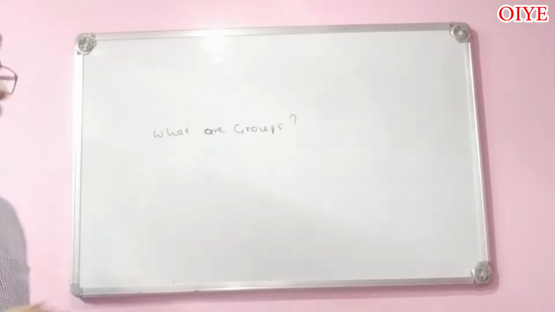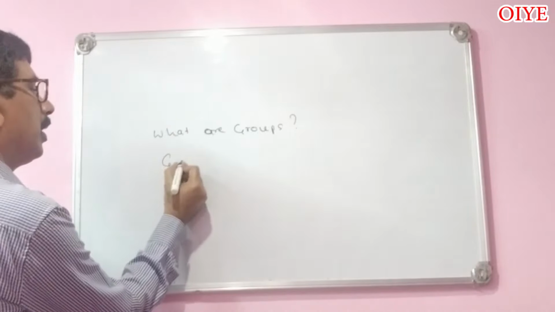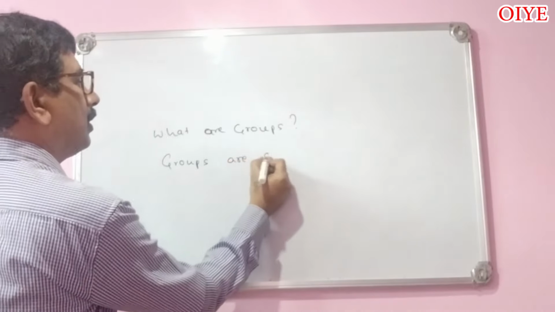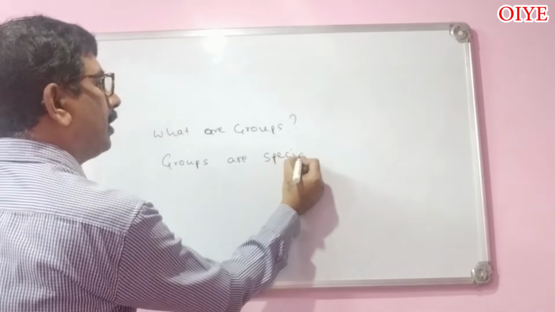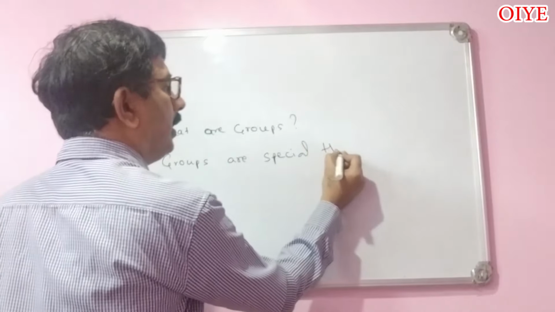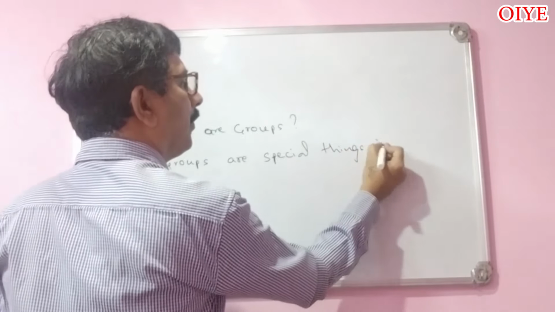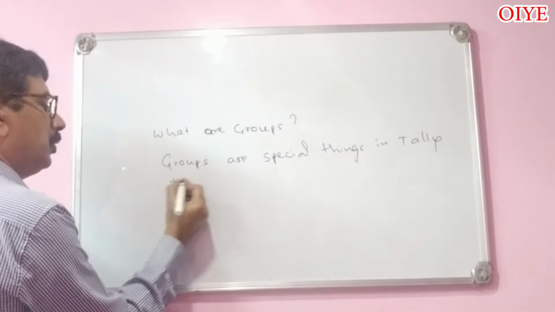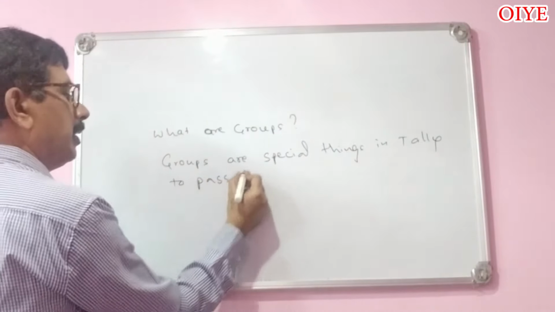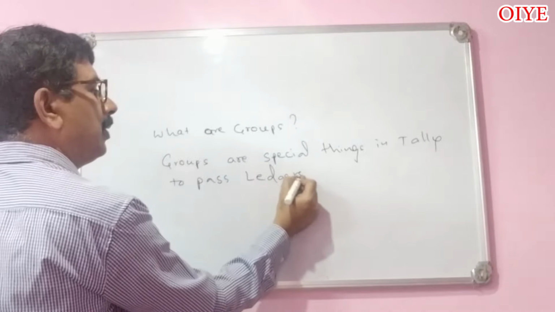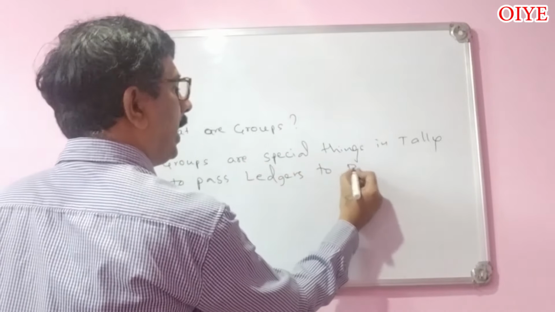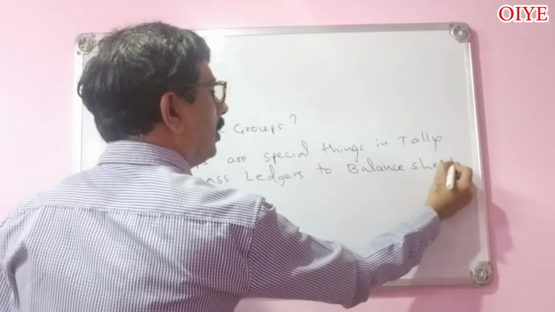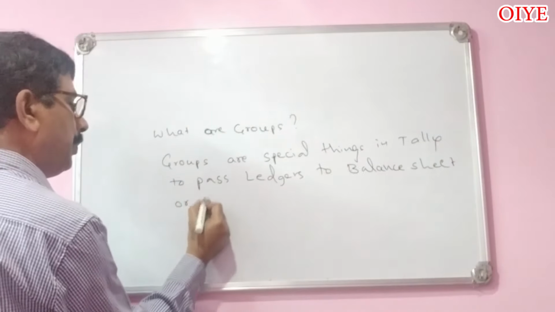What are groups? Groups are special things in Tally to pass ledgers to the balance sheet or P&L account.